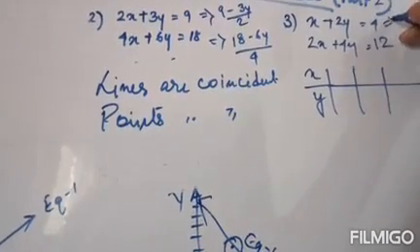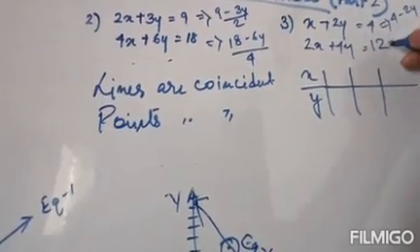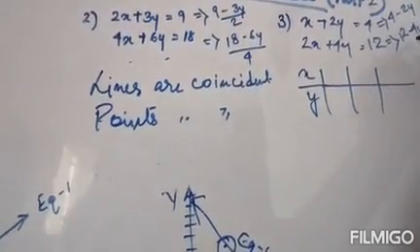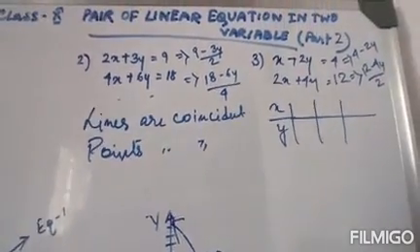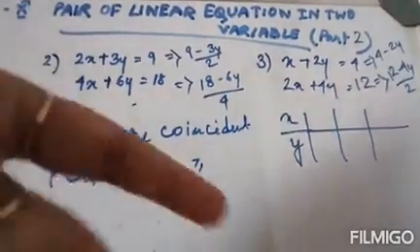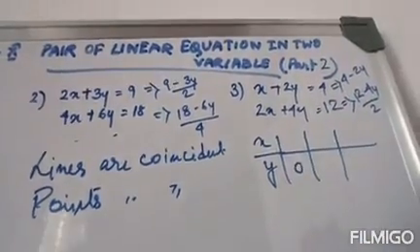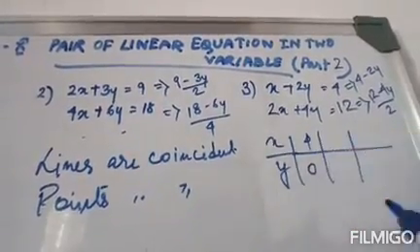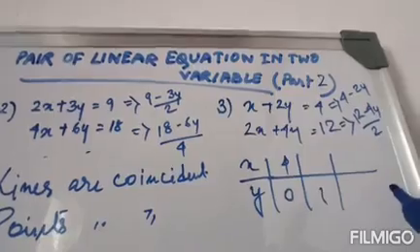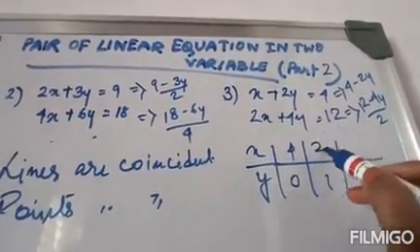From here we can find x = (4 − 2y), and for this one x = (12 − 4y)/2, correct? So for the first one, let us take my favorite, y is equal to 0. Okay, so x will be 4. When y is 1, x will be 2, correct?